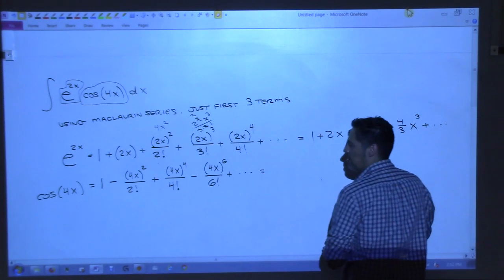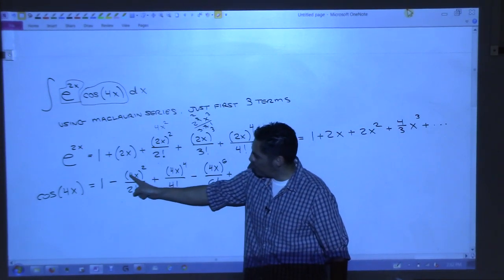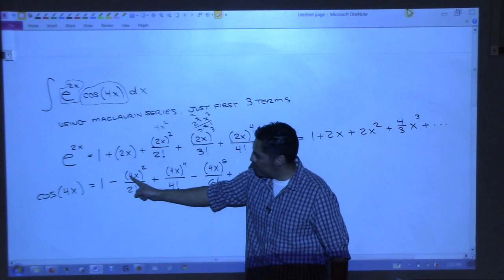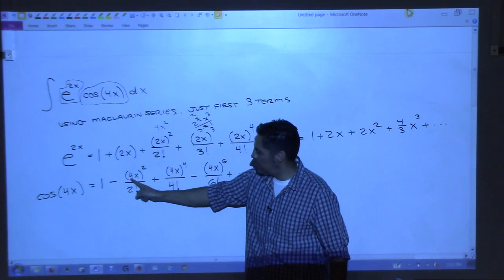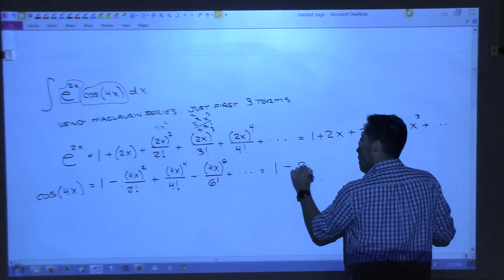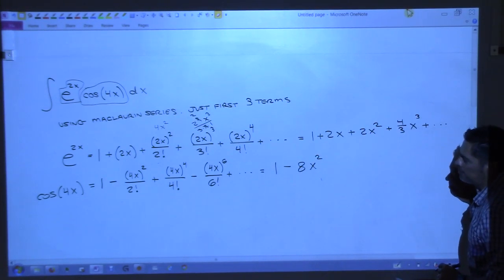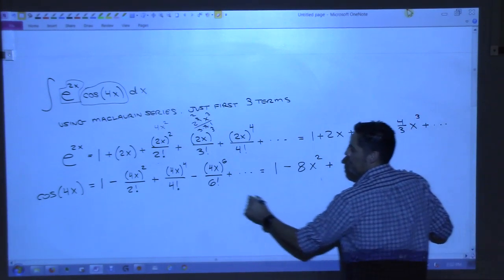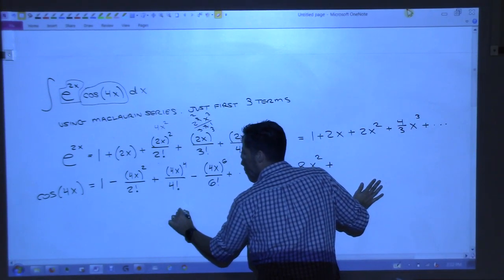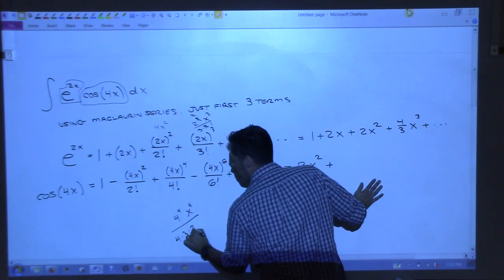This one might be a little bit messy. 1 minus 4 squared, 16, right? 16 over 2. 8? 8 what? x squared. And then plus, crap. This is going to be 4 to the 4th, x to the 4th over 4 times 3 times 2 times 1.